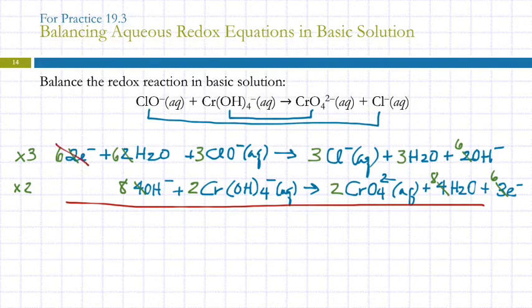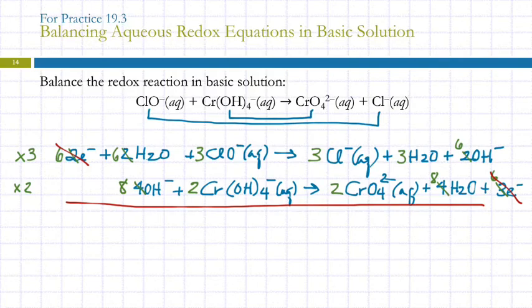So I've got 6 electrons in the first one on the left and 6 electrons in the second one on the right, and so those are going to cancel out. You can simplify, we've got water and hydroxide all over the place as well. You can simplify that now, or you can simplify it after you add everything together. I'm just going to add them together, and then we'll simplify it.